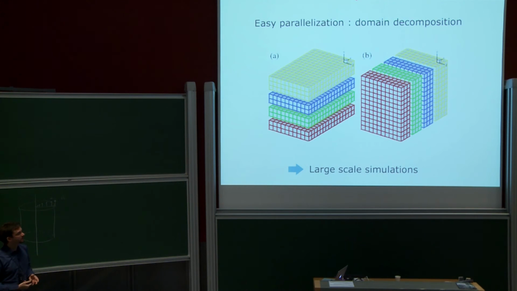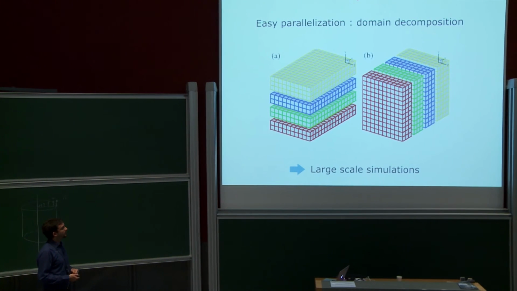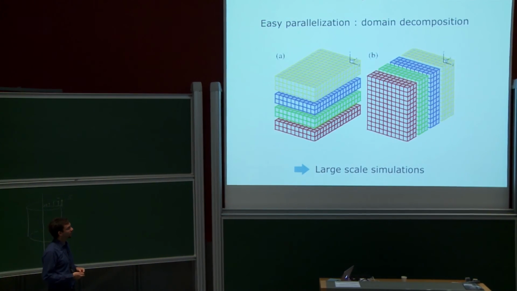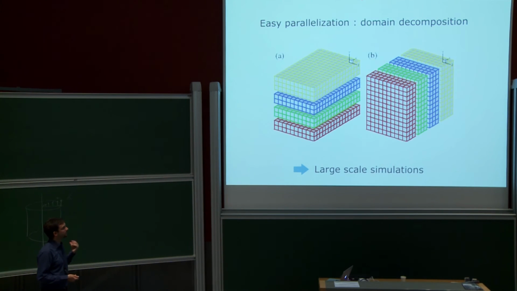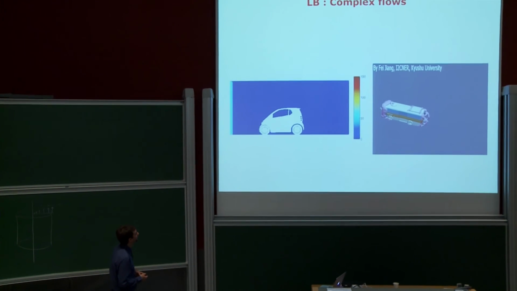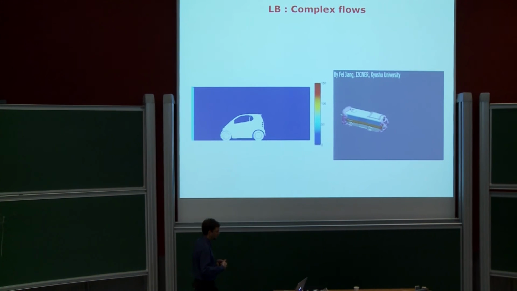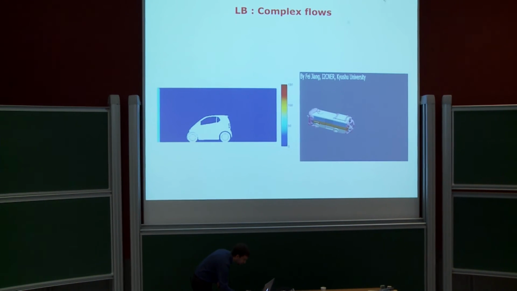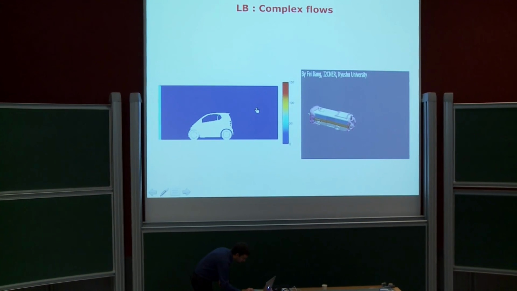So by doing this very easy parallelization, you can investigate very complex systems, such as the car I showed you in my introduction. Here are other examples of simulation of simple fluids, but in a complex flow regime.